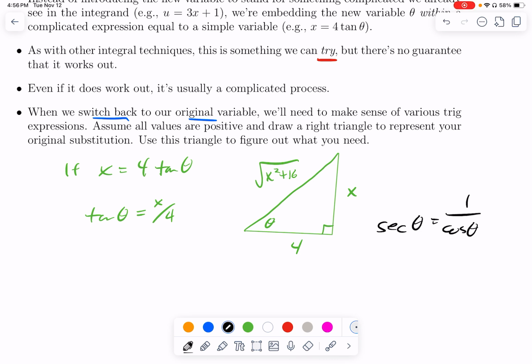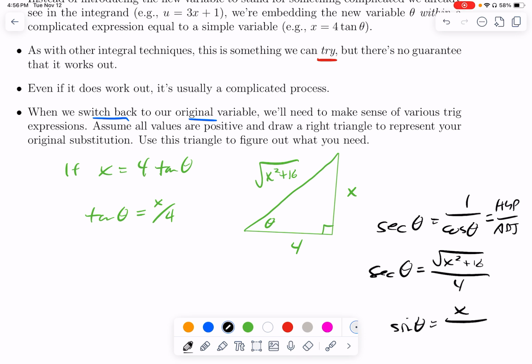Cosine theta is adjacent over hypotenuse, so this is basically hypotenuse over adjacent. So if I needed secant theta, it would be root x squared plus 16, which is our hypotenuse, over 4, which is the adjacent. If I needed to know sine theta, it's x over square root of x squared plus 16.